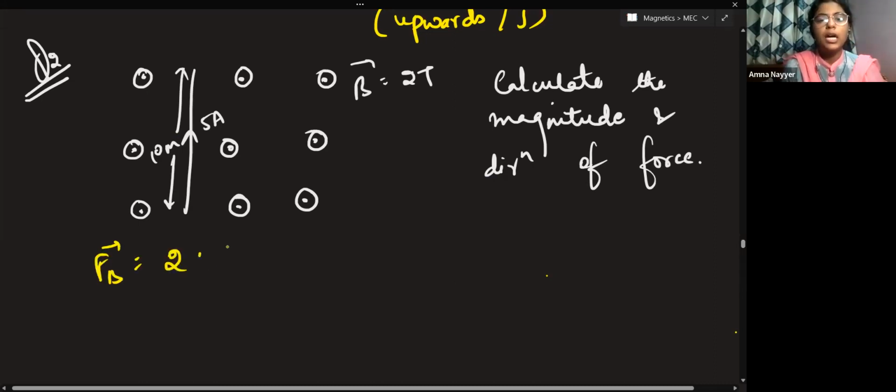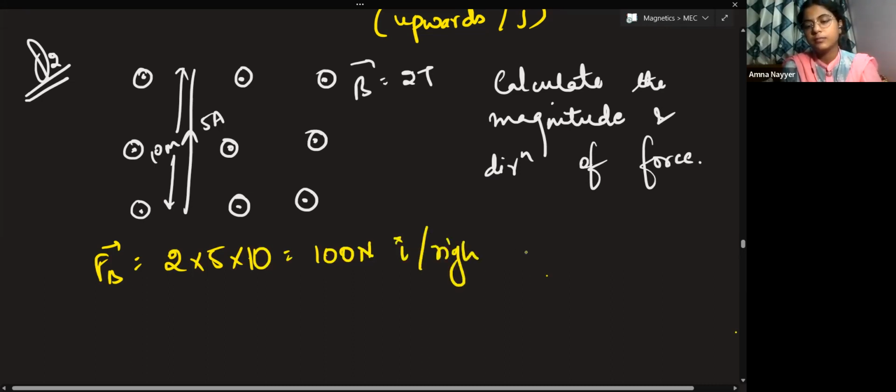B into I into L. That is again 100 Newton, but this time i cap, or you can write rightwards.